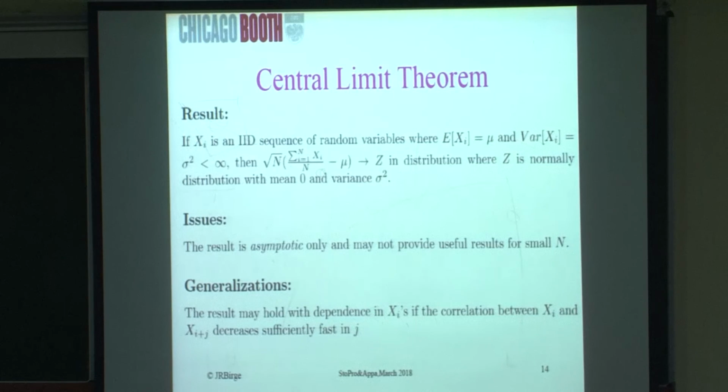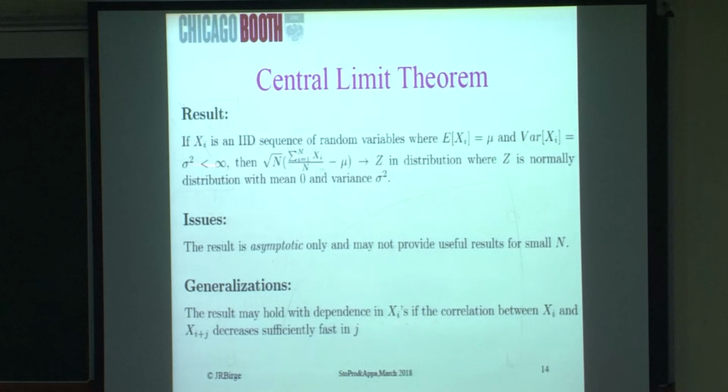Now this can be relaxed as well. You can relax it so that the covariance between xi and xi plus t goes to 0 quickly. In other words, if I summed up those covariances over t going from 1 to infinity, I get something finite.